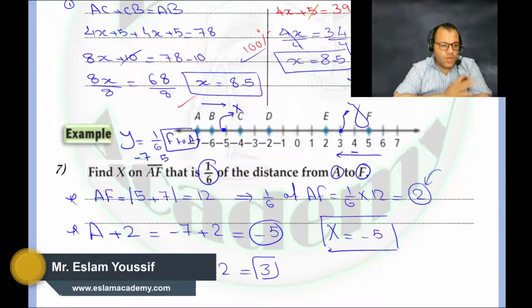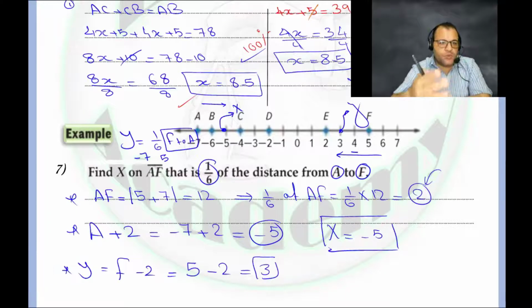Any problem? So number 1, if I need to find the distance, 1 over 6, 1 over 4, 1 over 5, whatever the fraction that we have, number one, find the distance. Number 2, the fraction, which is a over b, multiplied by the distance.